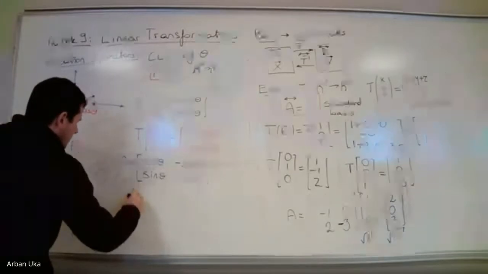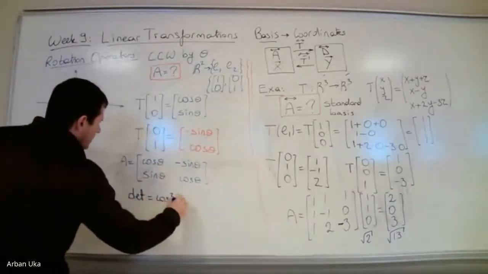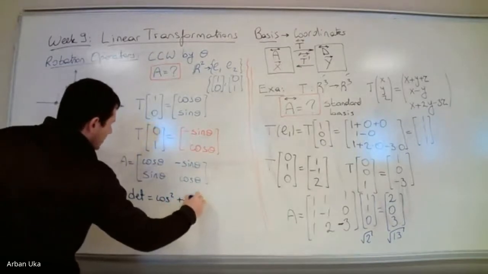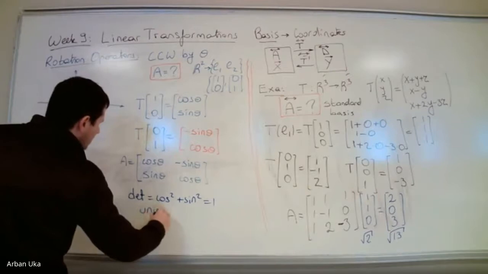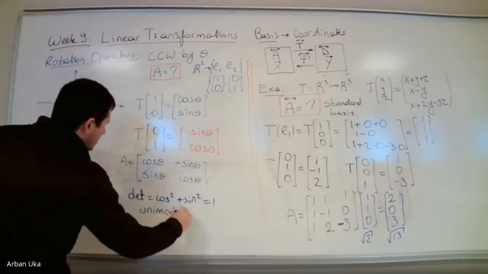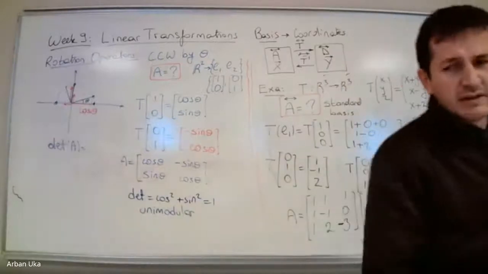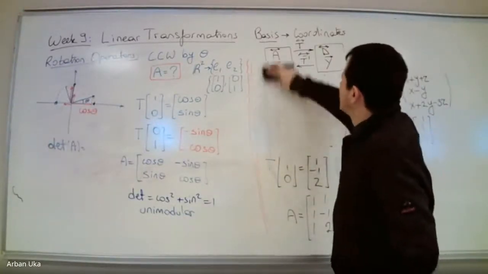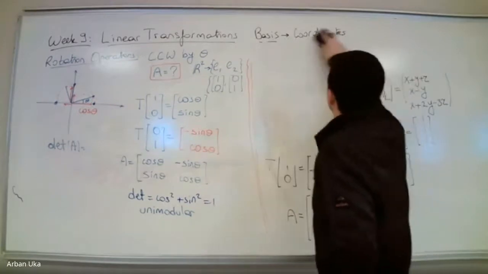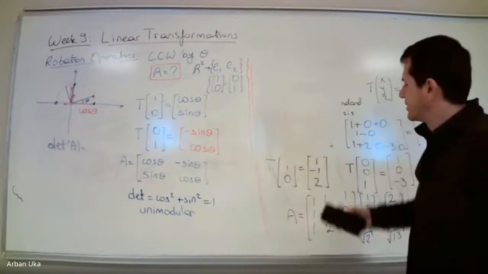So the determinant here is equal to cosine square plus sine square, and this is equal to 1. These matrices are called unimodular, okay? So the matrices that are unimodular have determinant equal to 1, and they are very good at preserving certain quantities, or certain properties of vectors.